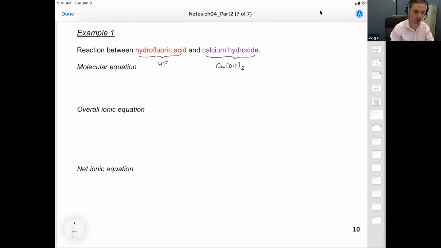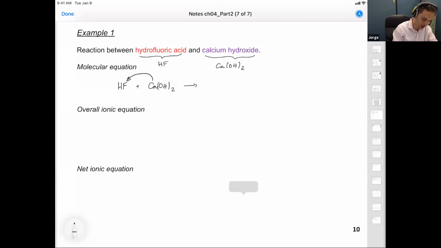Okay, attention here with the formulas. So let's write first the molecular equation for this reaction. Molecular equation is pretty simple. HF plus Ca(OH)2. So that's an acid-base reaction, so we know that we have to form water and a salt. Calcium is positive.